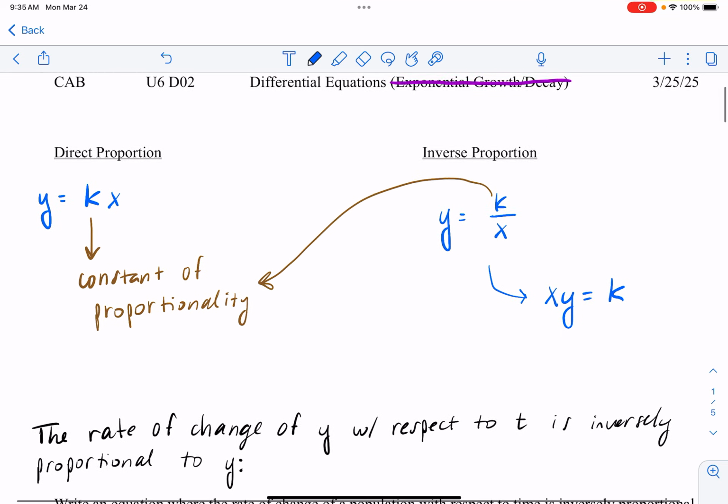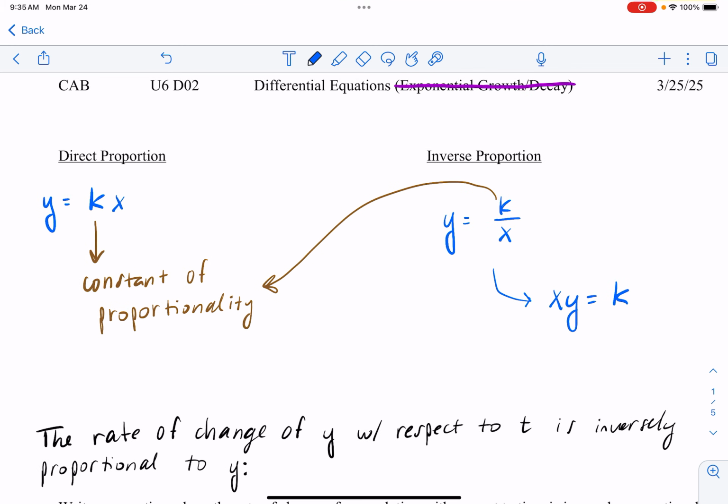Okay, so if you see something like the rate of change of y with respect to t, t being your variable like x, is inversely proportional to y. Okay, let's read that again. The rate of change of y with respect to t is inversely proportional to y.